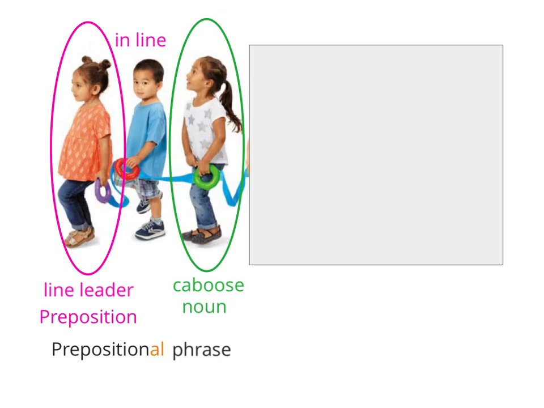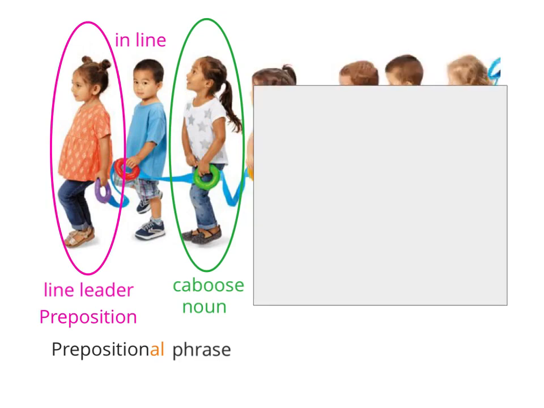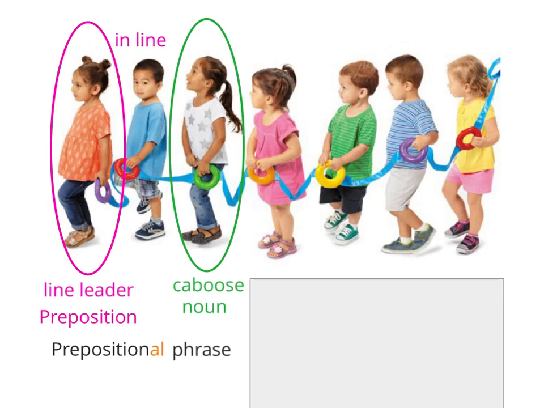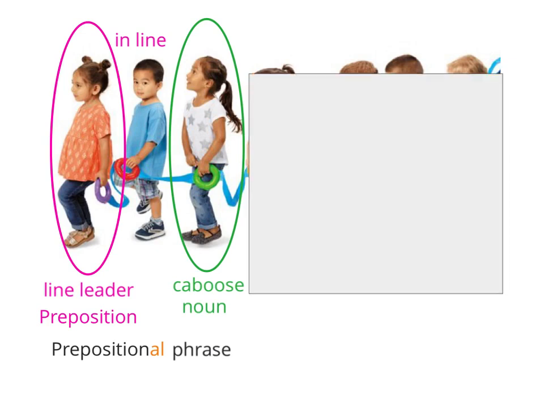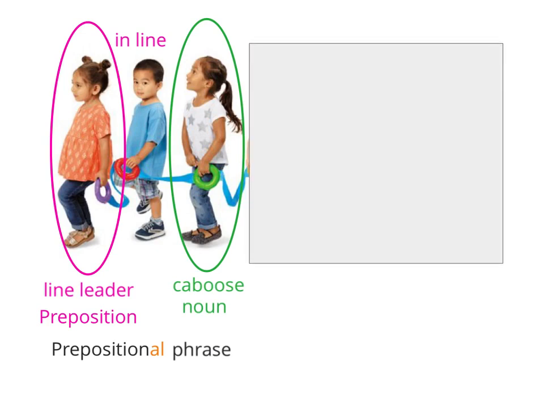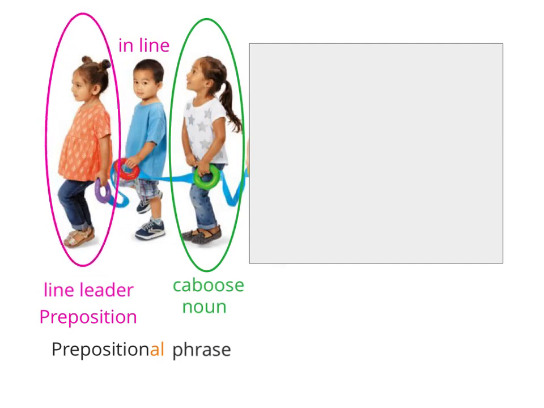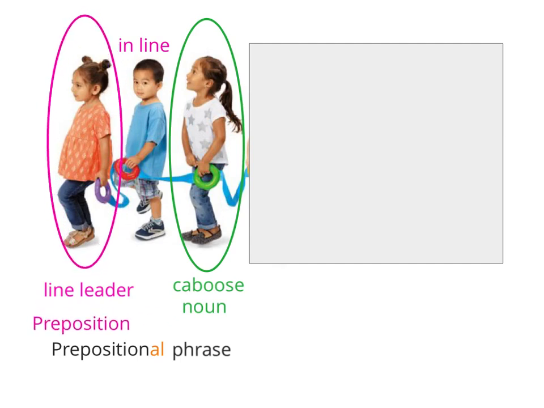So I want to show you these kids. This is a group of kids in, I don't know, kindergarten maybe? They are all in a line, but I'm only going to look at these three at the beginning, so you can see how they are in line. This girl at the beginning, she is the line leader. She's the leader of the line.